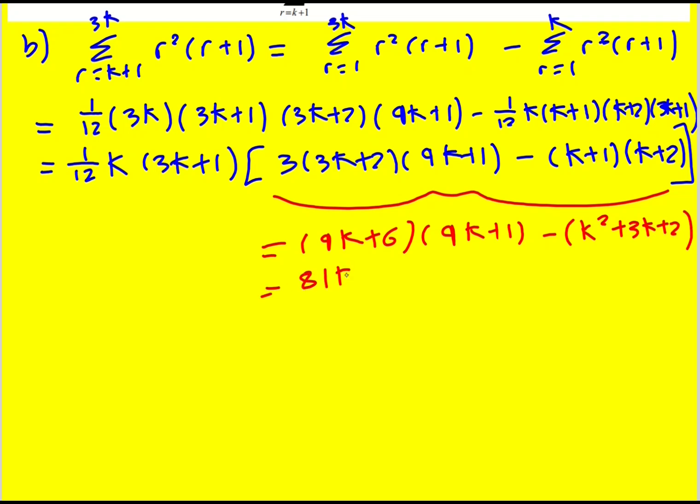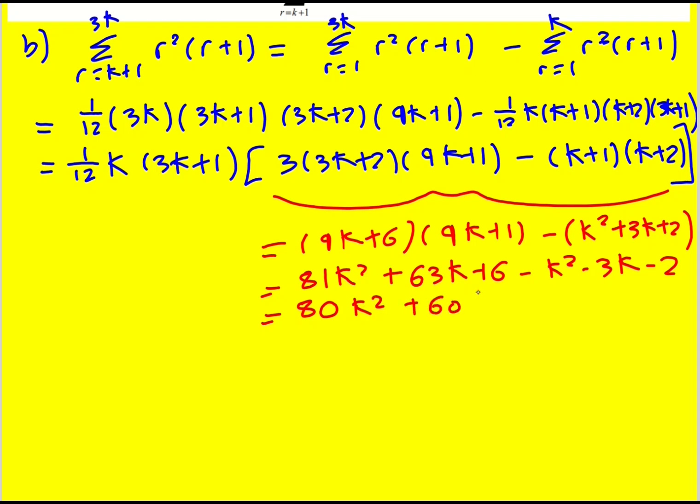That gives me 81k squared plus 9k plus 54k plus... that's going to be 63k plus 6 minus k squared minus 3k minus 2, which gives me 80k squared plus 60k plus 4.